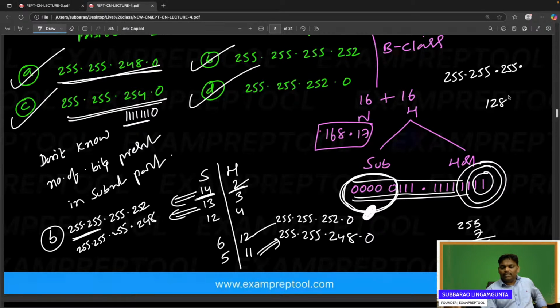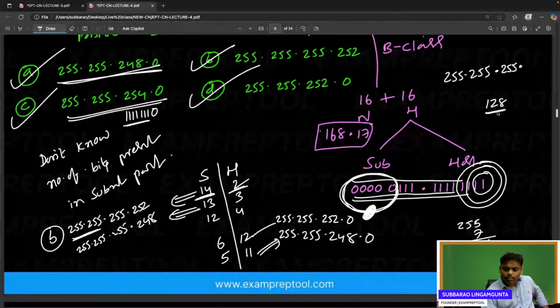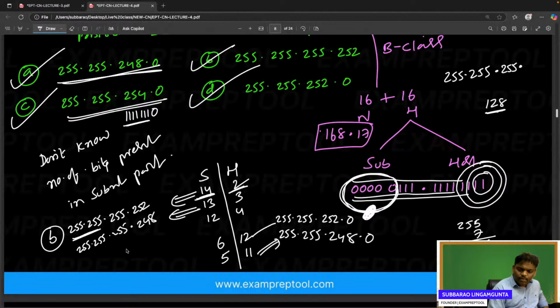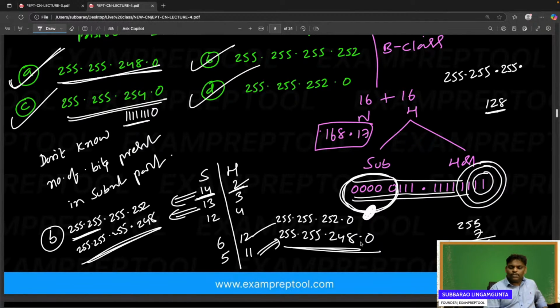So I think if you observe clearly, 13, 8 plus 5. 5 people means how much? 248. 255, 248. I think, is there any option like this? 255, 248. So this is possible anyhow because of this reason. This is A option.